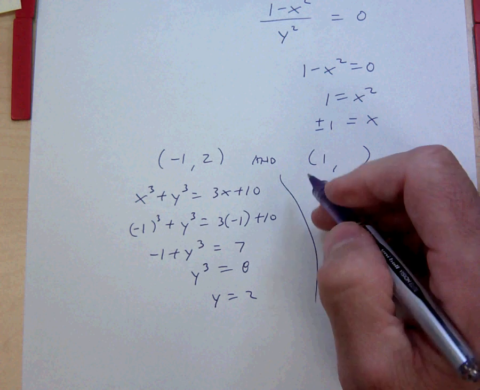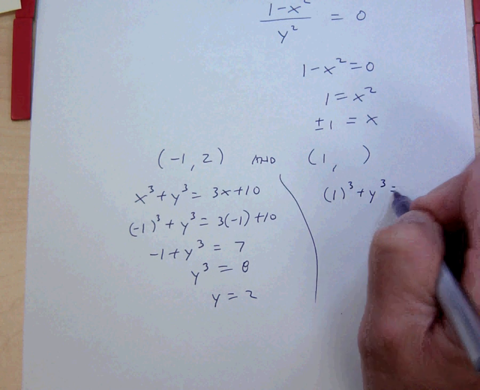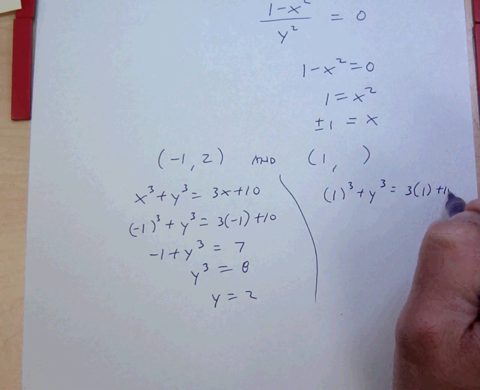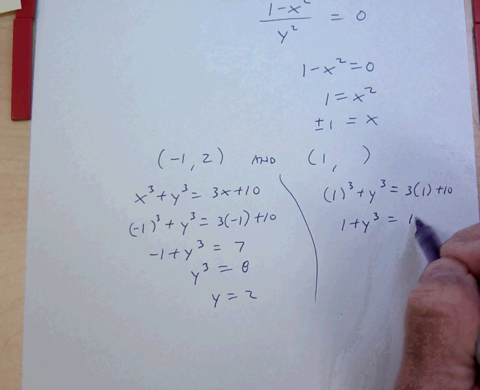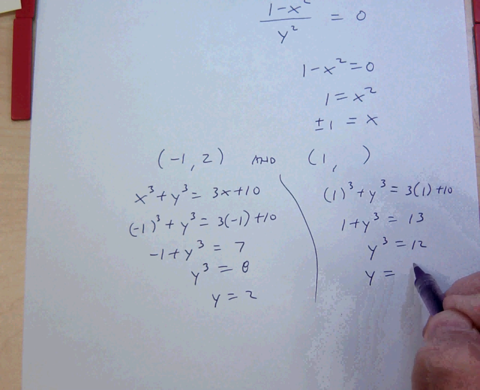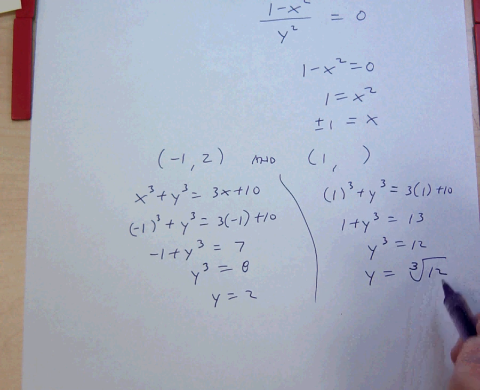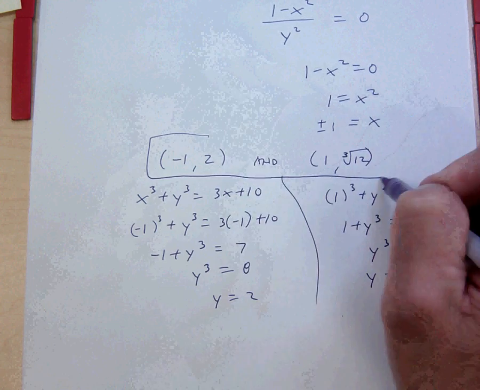And then do the same thing here. If we subtract 1, we get 12. You take the cube root of both sides, and you get the cube root of 12, right? So there you go. There are actually 2 points.